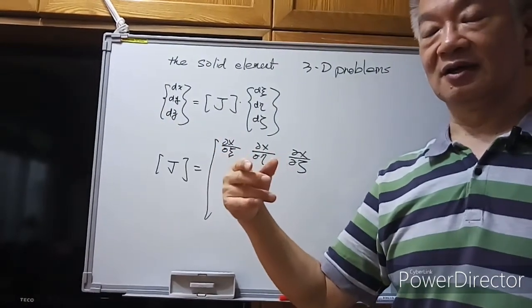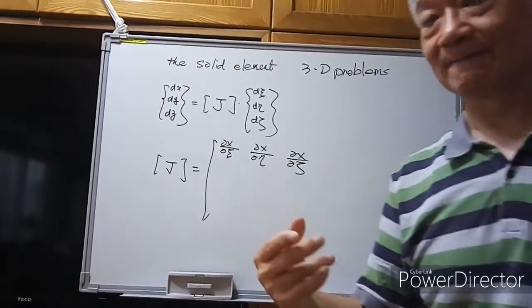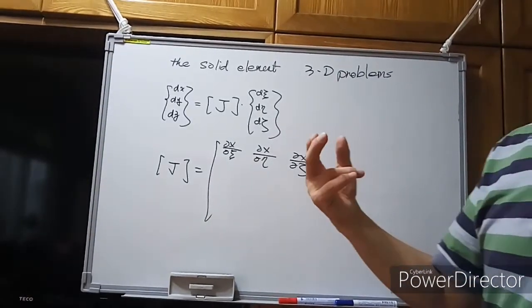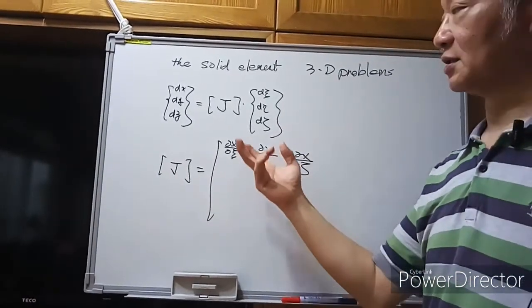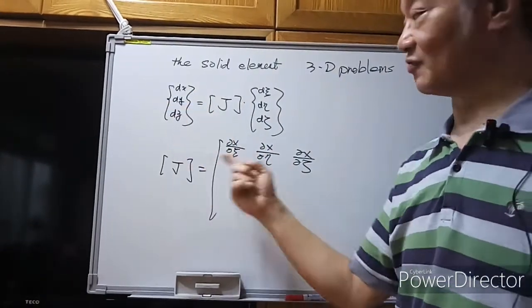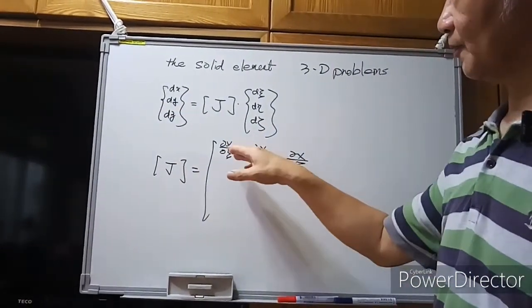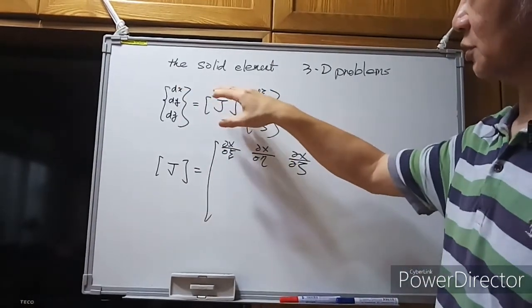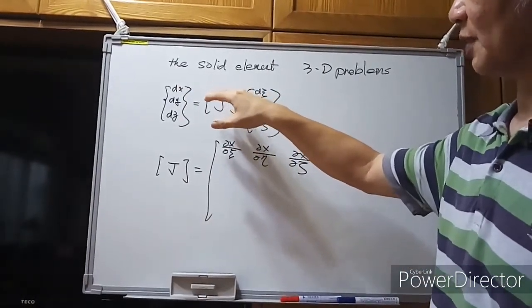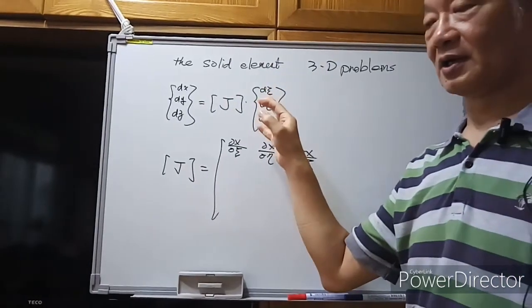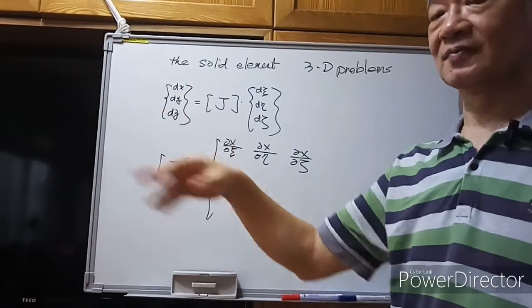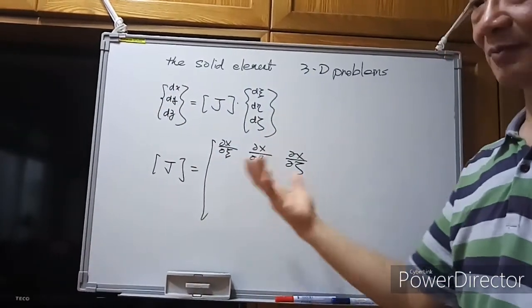This formula comes from calculus, and you need to refresh your memory. So that's the formula: the first row of the Jacobi matrix multiplied by d xi, d eta, and d zeta gives you the dx. It is the mathematics.